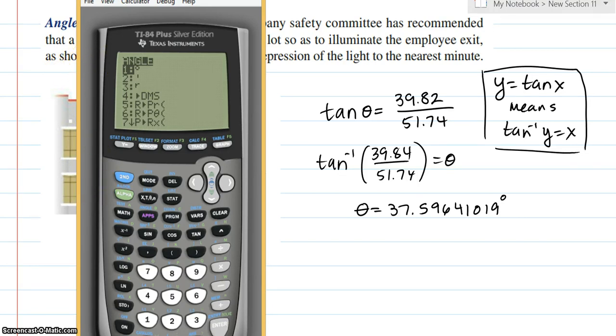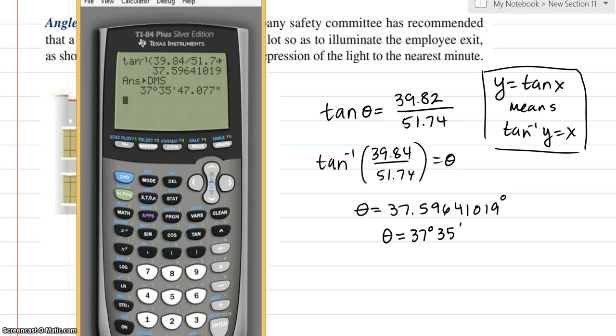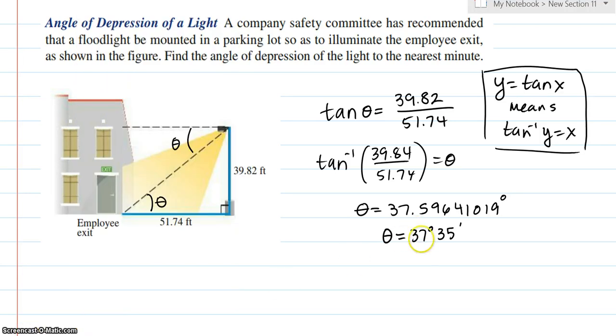So I'm going to press 4, press enter, and there it is, 37 degrees. We just care about how many minutes there are, so that would be about 35 minutes. So there's the answer, 37 degrees and 35 minutes.